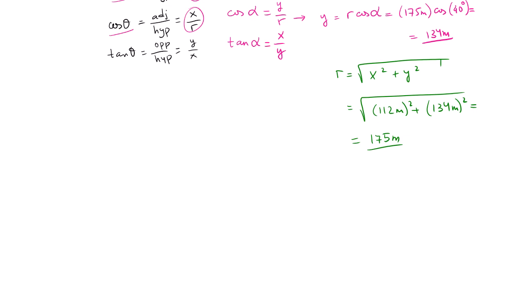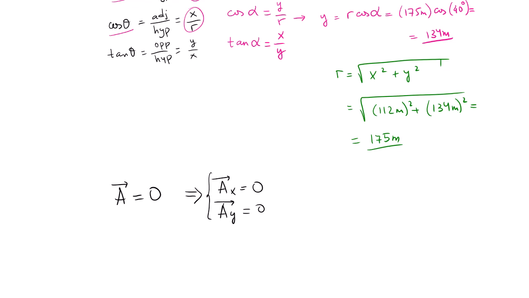So in 2 dimensions, saying that vector A equals 0 is the same as saying that AX, the X component, is 0 and the Y component is also 0.